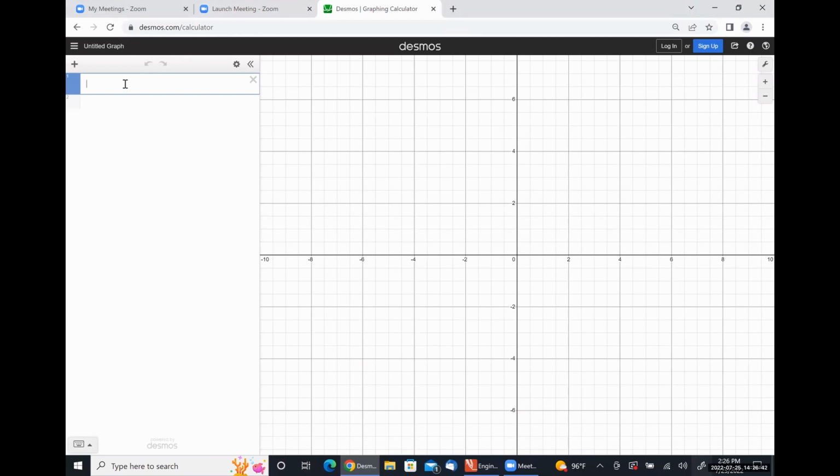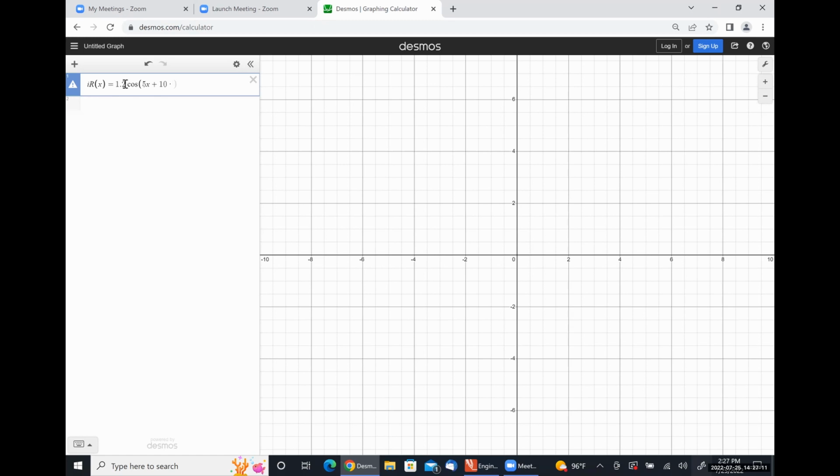So let's call it IR of x is equal to 1.2 cosine 5x plus 10.